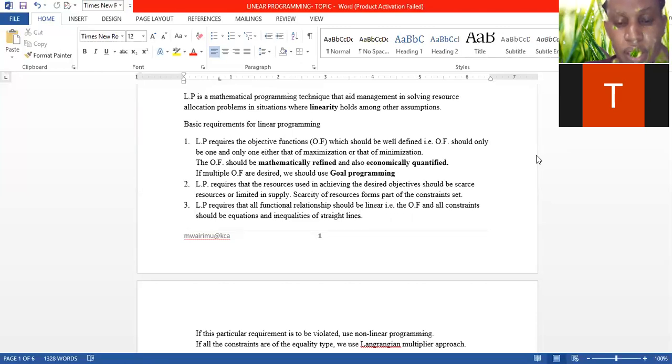So we assume that everything can be illustrated using linear functions, and that is our major element because it constitutes the definition of linear programming. These are the basic requirements when it comes to solving a linear programming problem.